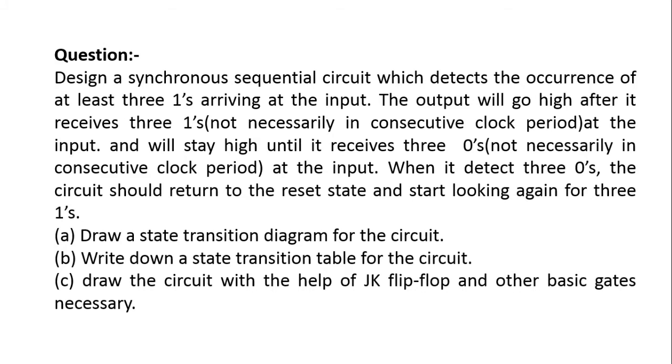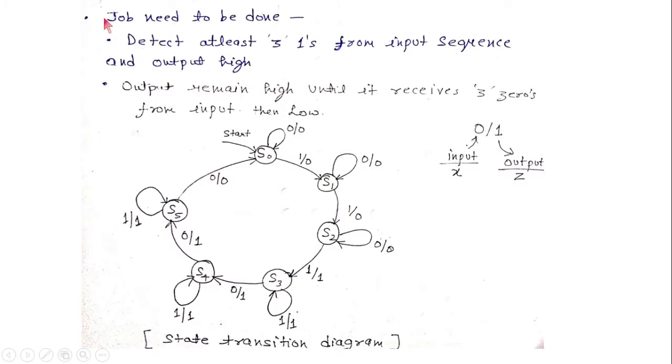So what we have to do in this state diagram, or state machine, or synchronous sequential circuit, is detect at least 3 ones, meaning minimum 3 ones. It can be more than 3 in the input sequence, and when it detects at least 3, the output will become high, and the output remains high until it receives 3 zeros from the input.